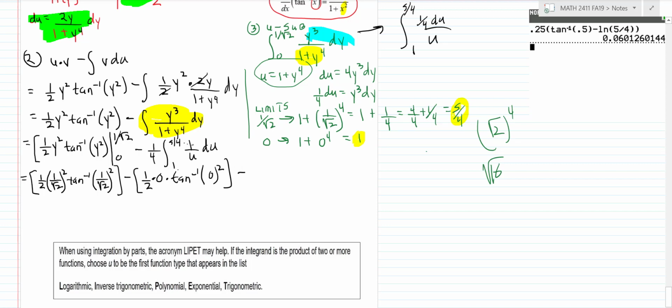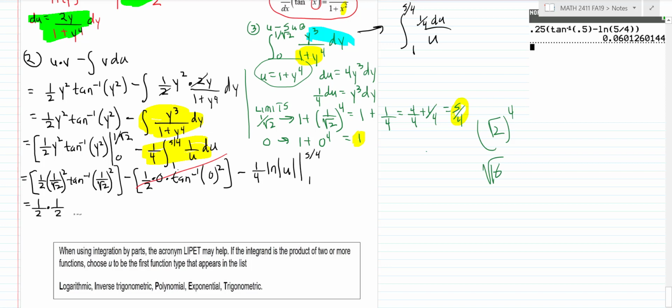Okay? Then what you get here is this integral is just going to be 1/4. The integral of 1 over u is ln, natural logarithm of u, and then that gets evaluated from 1 to 5/4. Okay, so a couple of things you notice. That whole thing goes to 0, so that's nice. Work this out. I don't really need the brackets anymore, so I'll have 1/2 times 1/2.